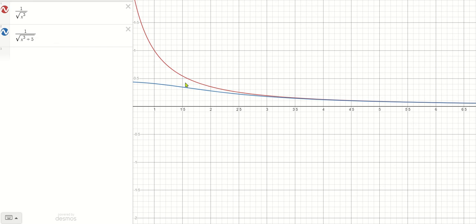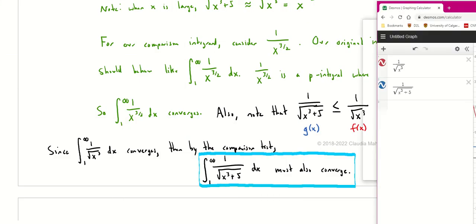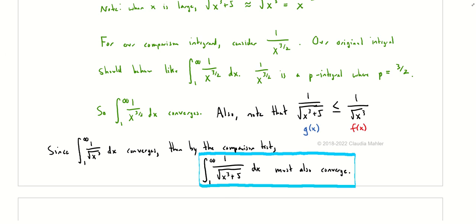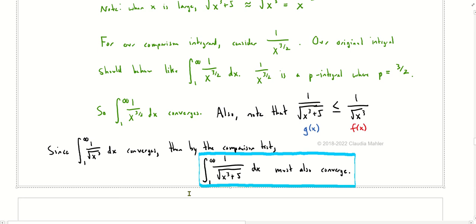Okay, so the red area here is finite, meaning that the blue area, because it's smaller, also has to be finite. In other words, because this thing converges, then this one must converge as well. Okay, so that's the comparison test.